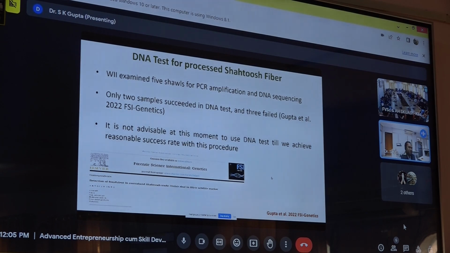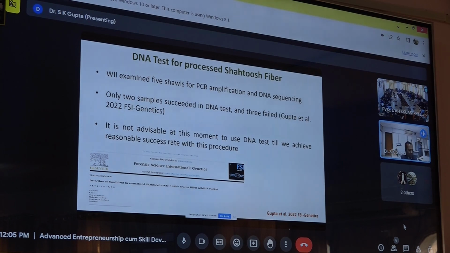So the feasibility of testing is that the DNA test is not appropriate, especially as the DNA success rate from finished products is not good. So morphology is a very accurate test at this moment.